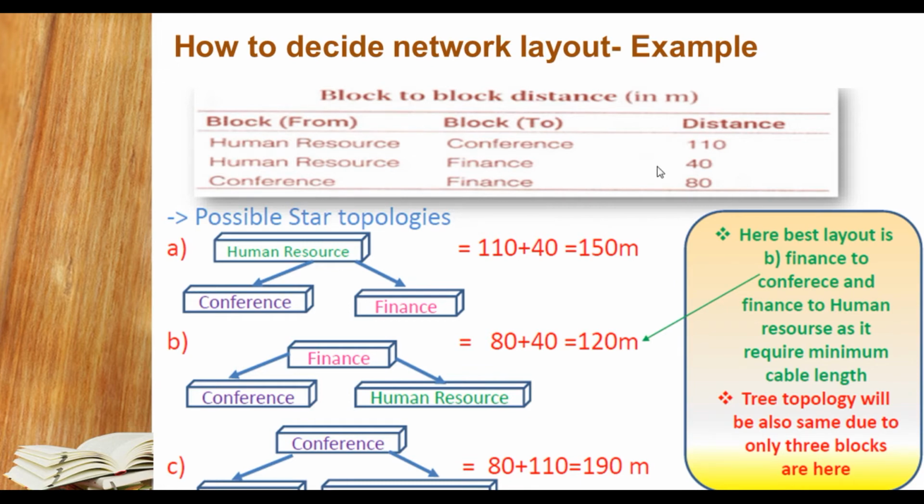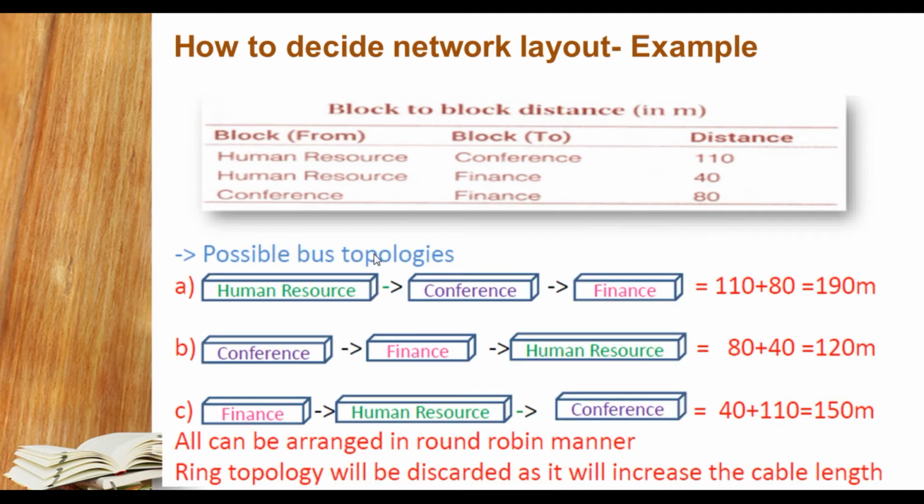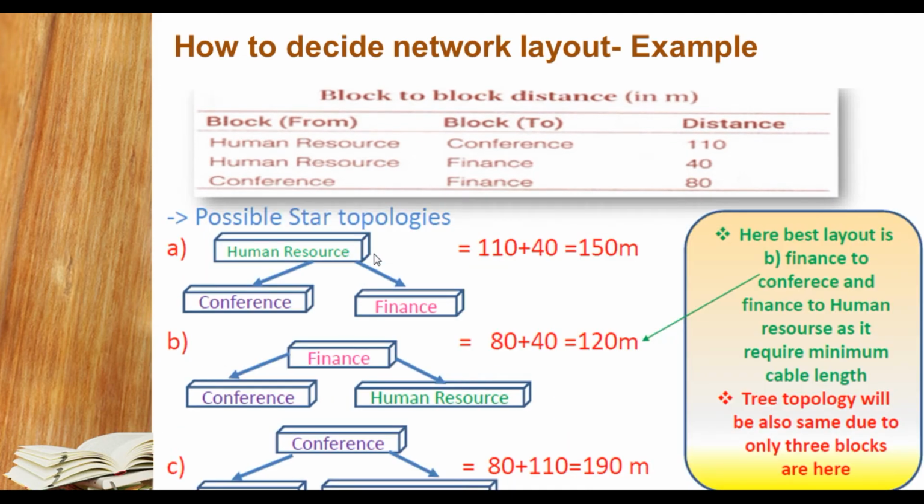So here the same thing is required. Now we are talking about the star topology; earlier we understood bus topology. In the first condition, we take human resource to conference, 110, and human resource to finance, that is 40, so 150. In B, finance to conference is 80 and finance to human resource is 40, so 120 meter.